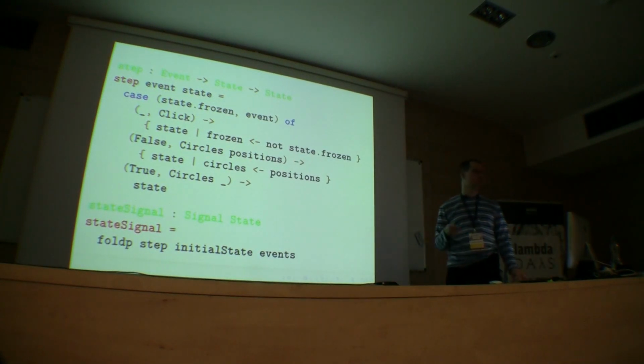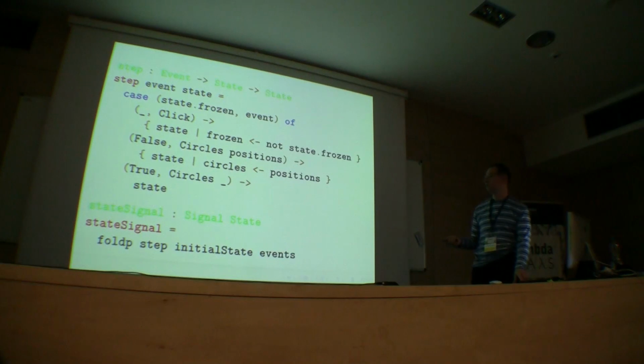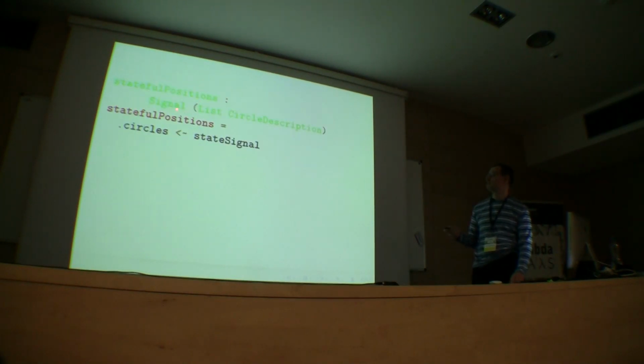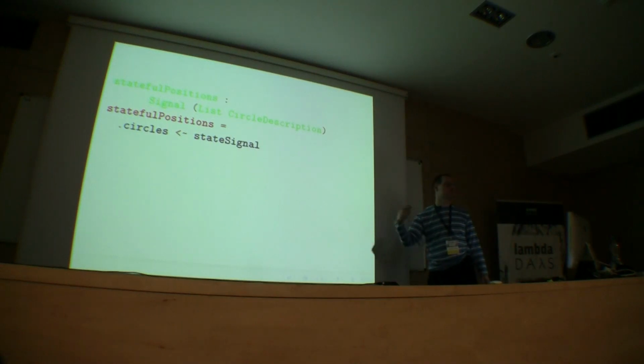And now there is one missing piece that I need to do. From a signal of states, I want to extract, actually, from the state, I want to extract one of the members. So from the signal of states, I want to get a signal of circle positions.